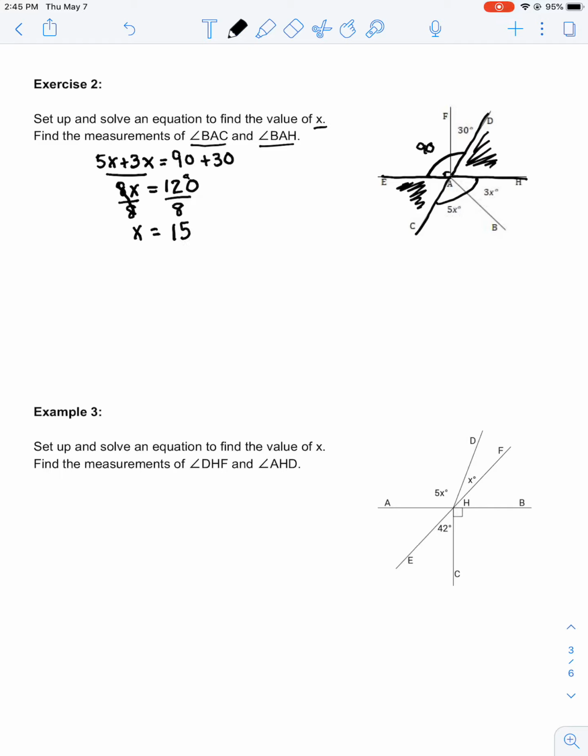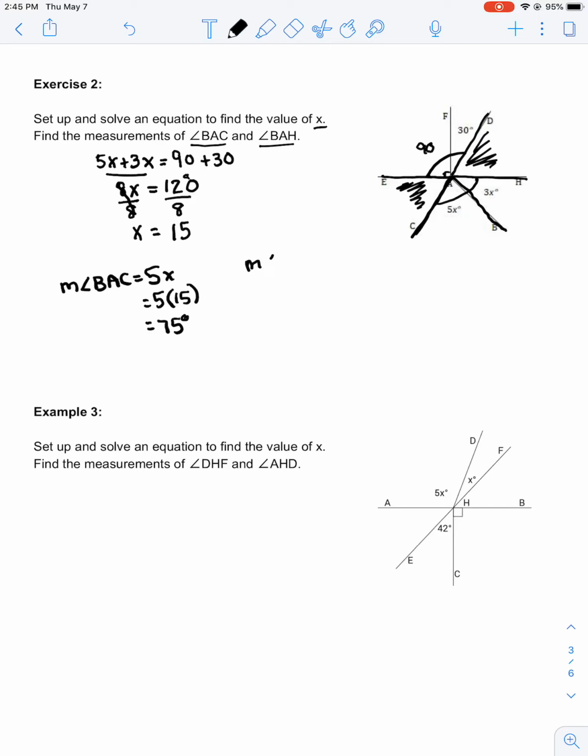So x equals 15, but we are not done because we have to find the measurement of angle BAC, which is this angle right here, BAC, which is 5x. So 5 times 15, which will give me 75 degrees.